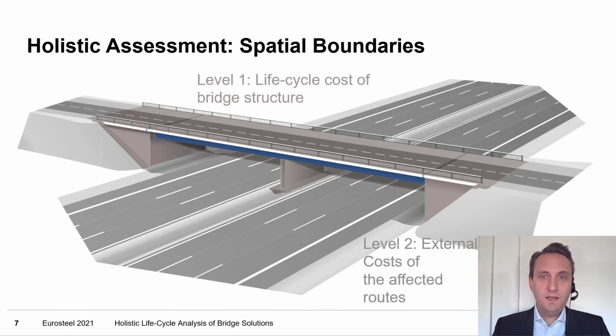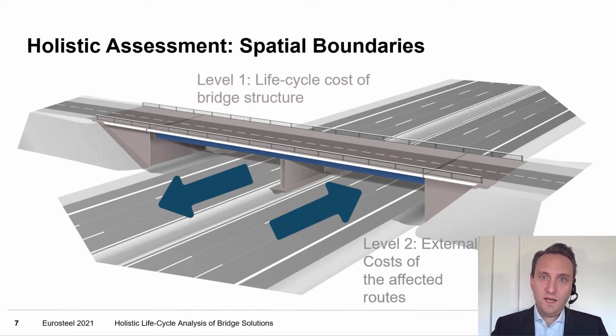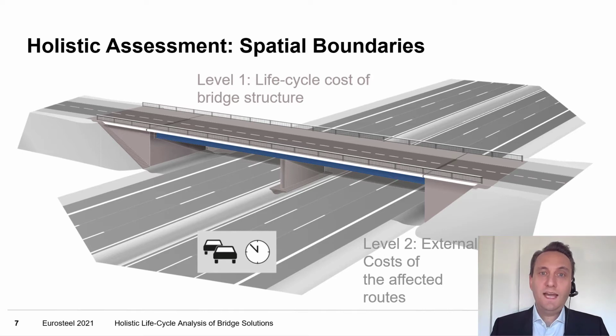As an example, when we have the building site underneath the bridge, the cars normally using the highway are affected and they need more time to pass the building site. So I have time losses when I try to pass the building site as a car driver.